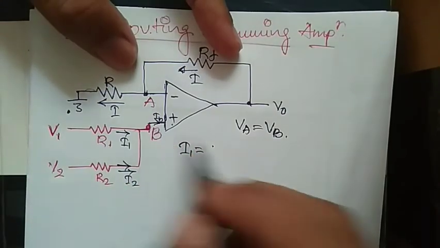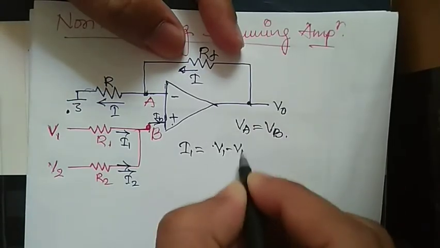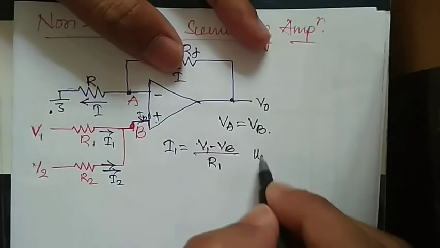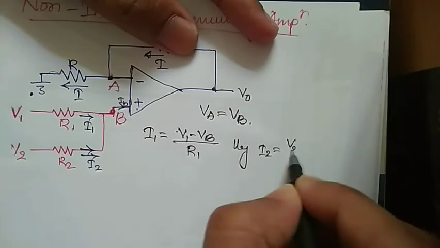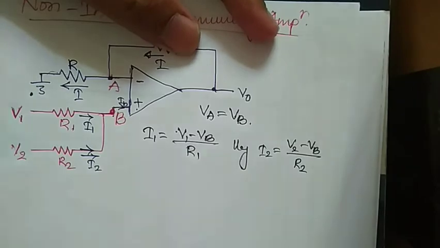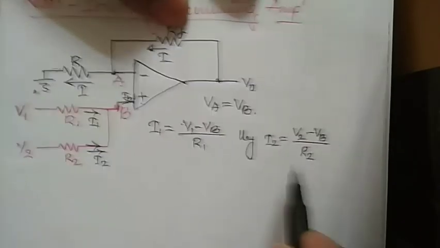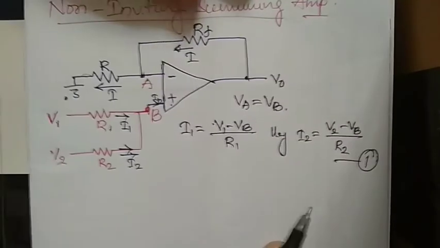So I1 equals V1 minus VB divided by R1, and similarly I2 equals V2 minus VB divided by R2. This is treated as equation number 1 for both I1 and I2.